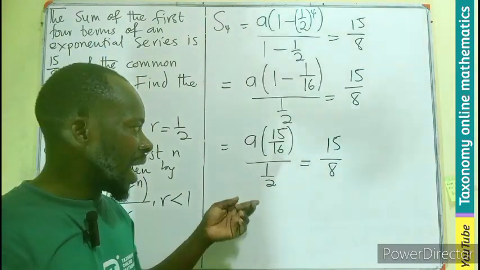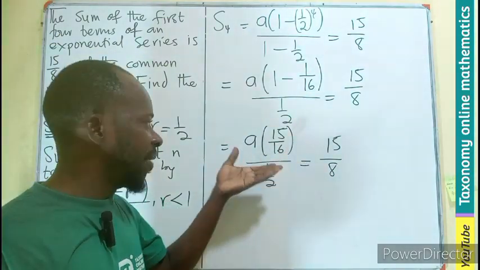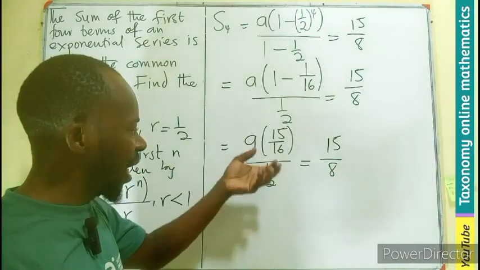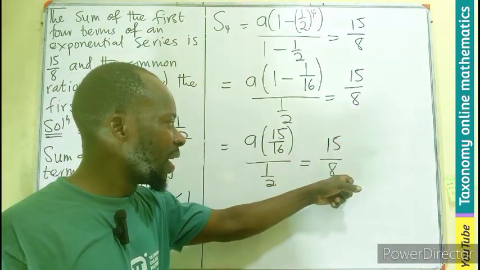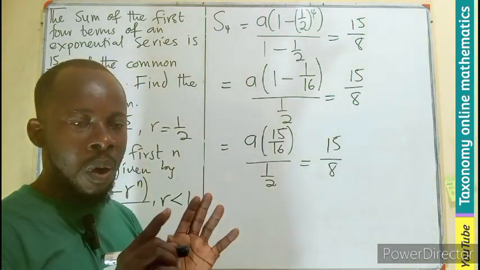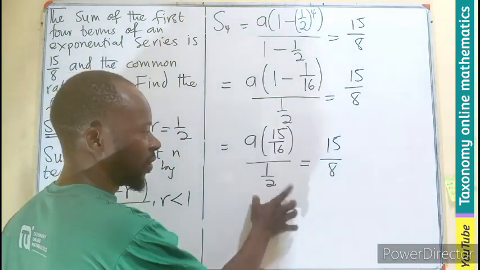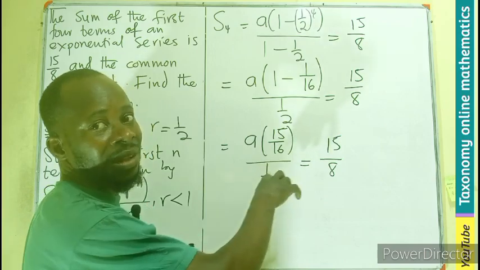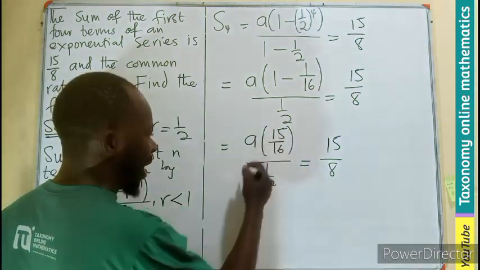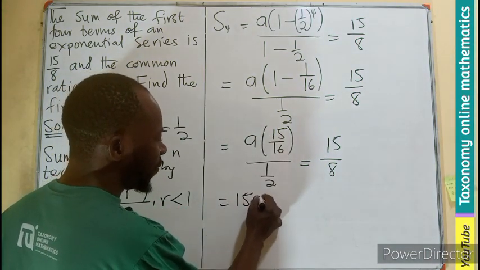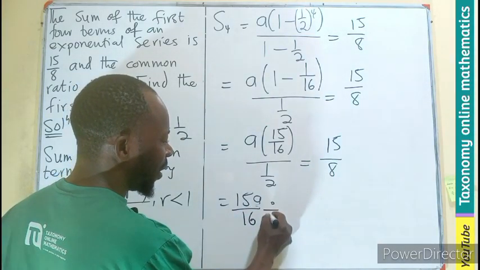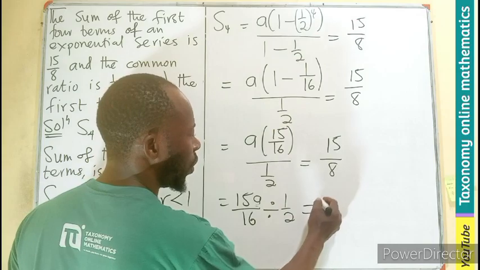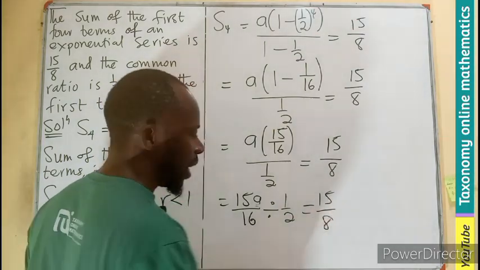Since I have a fraction as numerator and a fraction as denominator, I can cross multiply. I treat this as a division, meaning a times that is 15a over 16, divided by 1 on 2, equals 15 on 8.